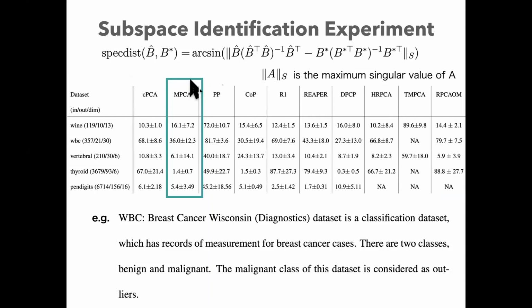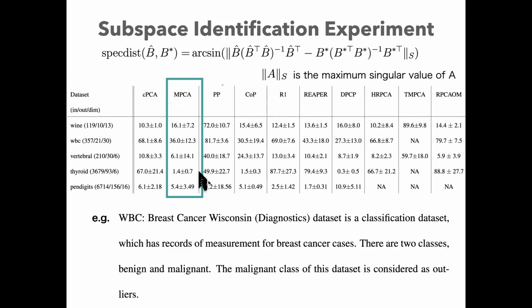The ground truth principal subspace is defined by using classical PCA, so in this sense, this experiment is advantageous to classical PCA. But anyway, from this table, the proposed MPCA is fair to competitive with other robust PCA methods.